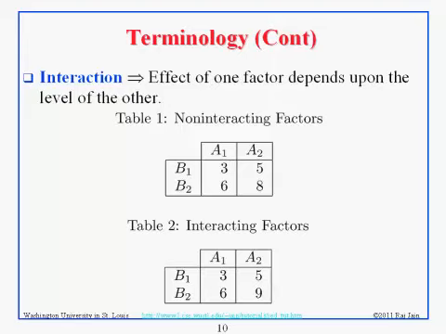Similarly, let's look at B. What is the effect of B? B effect is 3 if A is at level 1 and it is 4 if A is at level 2. So again, we cannot make a statement about B without knowing what factor A is. Alright?